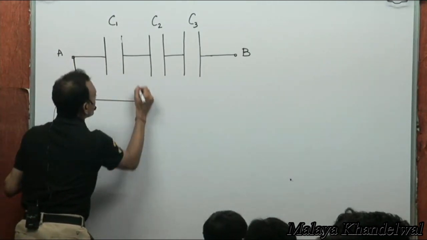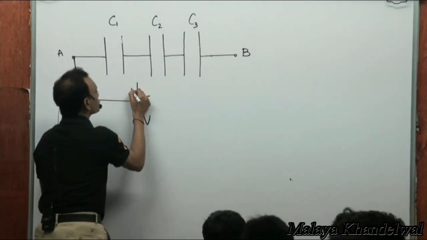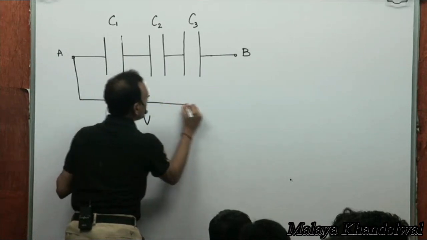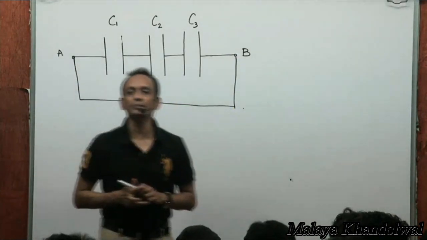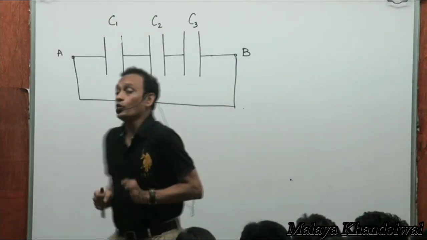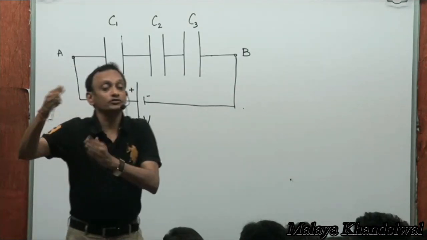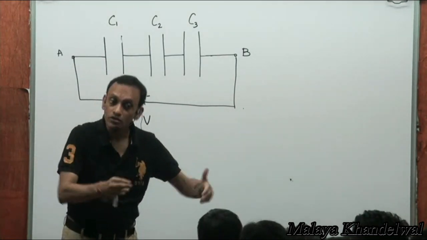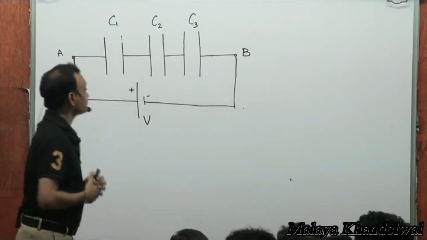Say there is this battery of EMF V volts. Does not matter how you put the polarity in perspective. And now once you connect a battery between these 2 points, the battery would act as a conduit of charge. There would be flow of charge across the terminals of the battery, right?